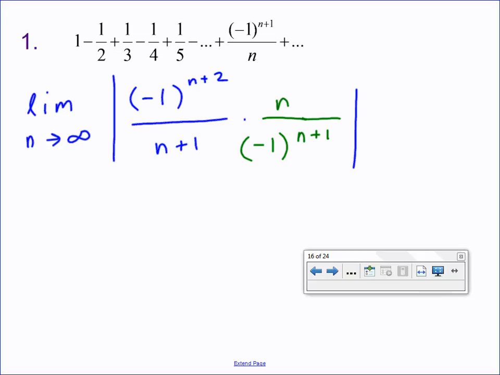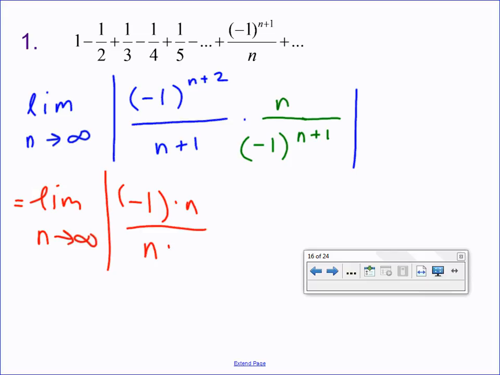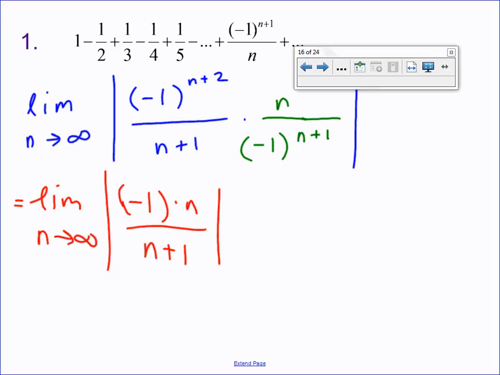And you guys have been practicing simplification with ratio test last time, so does this reduce nicely? Let's see. So -1 to the n plus 1 and -1, so I'm just getting -1 left over on top. Is that what you guys are getting? Times n over n plus 1. Okay, can we do anything here? Well, what's -1?